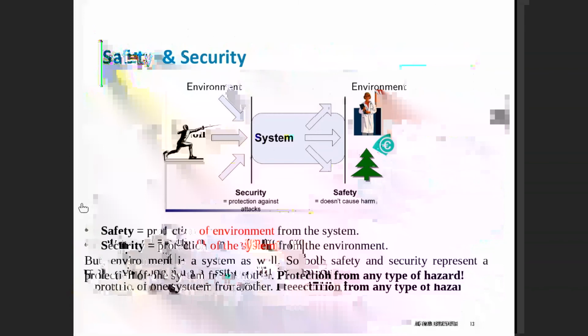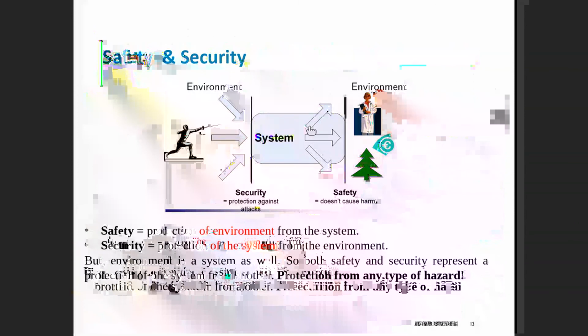Safety and security. This is very interesting, and I think you will like it to understand يعني or distinguish between safety and security. This figure here shows the system and the environment when it's affecting the system. The protection from the environment to your system considered to be security.